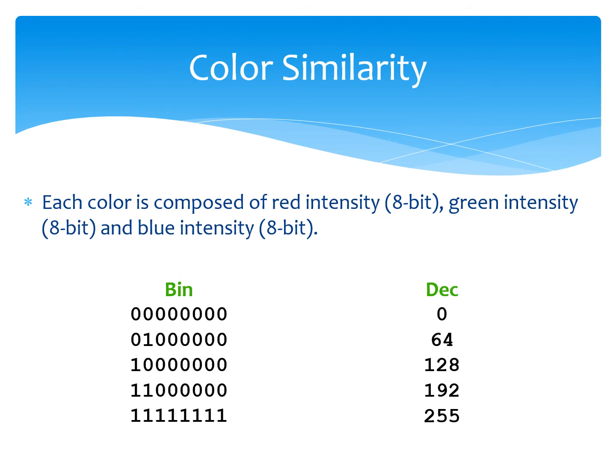For example, intensity level 0 in decimal can be represented as 00000000 in binary. Similarly, intensity level 64 in decimal can be represented as 01000000.